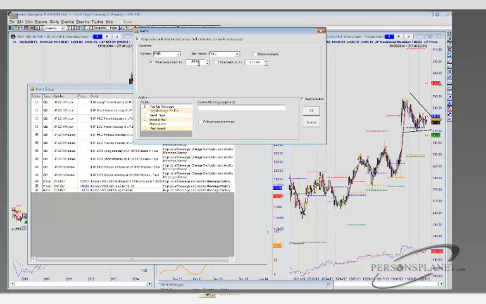I'm going to go actually 270.52. This is an alert. This tells me, give me a pop-up message.